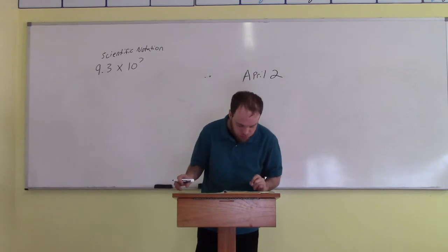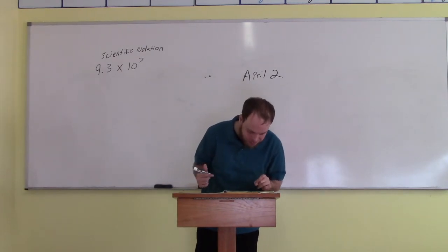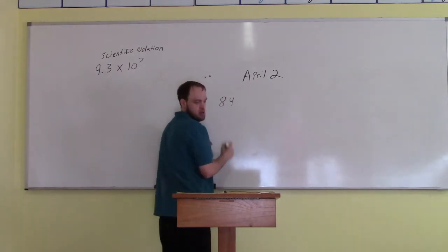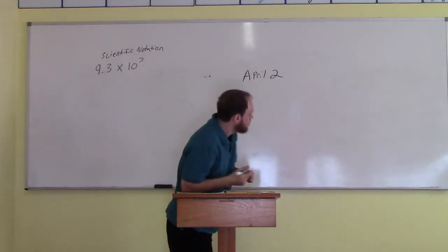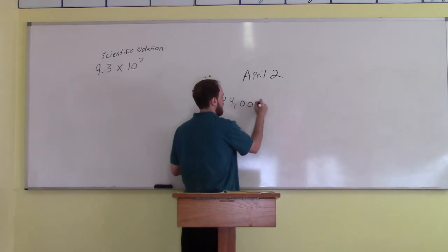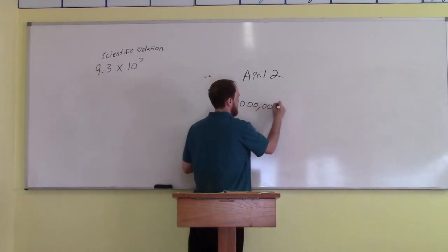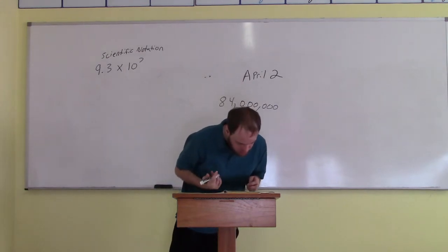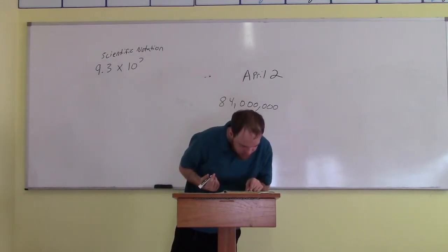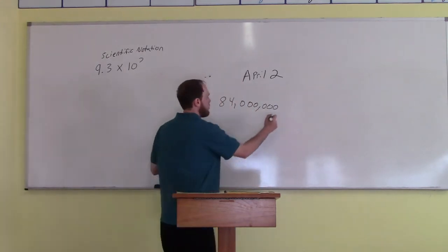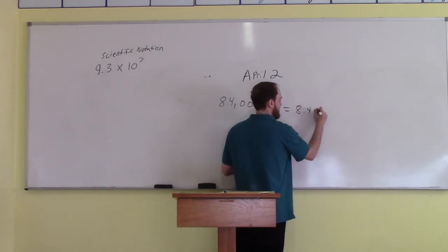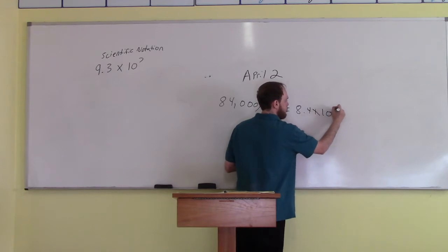If you look in your book on page 410, they give us number 1, which is 84,000,000. So that would be 84 million. They give it to you, equals 8.4 times 10 to the n.